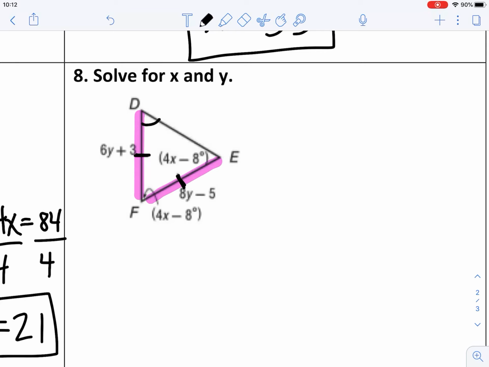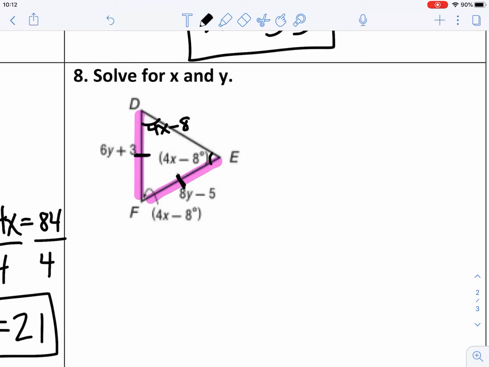Therefore, it's angle D that's congruent to angle E. So in solving for x, we can see that 4x minus 8 is the measure of angle D because D is congruent to E. It happens also that angle F is equal to 4x minus 8, so what we actually have is an equilateral triangle.